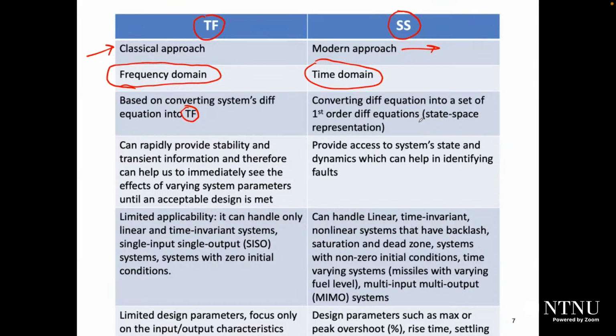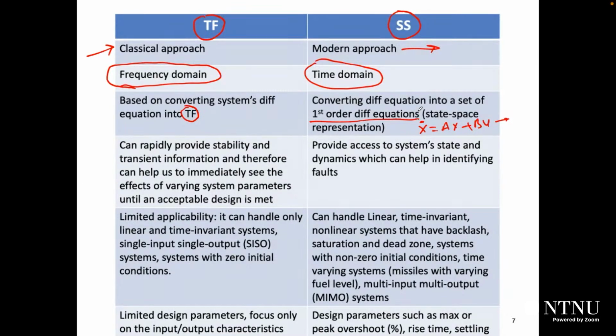So we need to convert this differential equation into a set of first order differential equations, right? And this set of first order differential equations is the state space representation, because the state space representation is x dot equal A multiplied by x plus B u. In fact, this equation is first order because we have here dx by dt. So it's a first order differential equation.